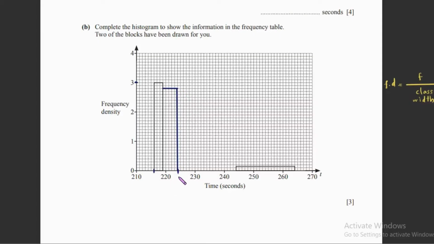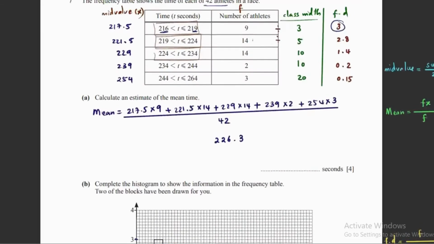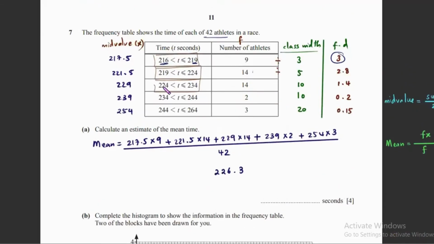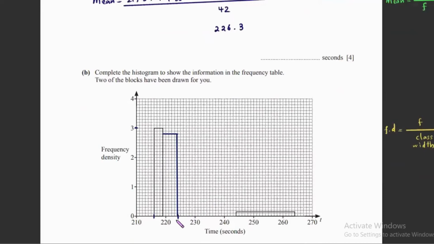This is what we get. The next one that we have is given to us as 224 to 234, it's 1.4. So 224 to 234 is going to be here. It has a height of 1.4. This is 1, so 1.4 will be here. So I need to draw it this way because this has a height of 1.4.